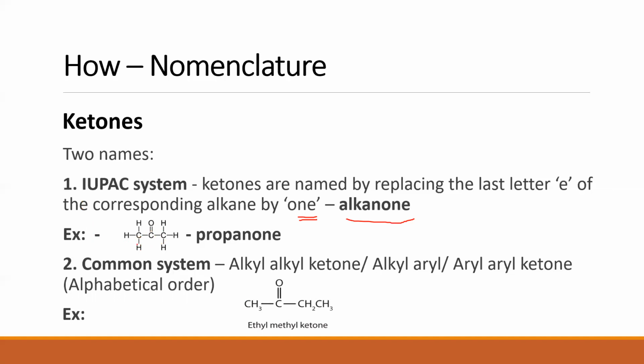Now, when I look at the root word here, I have three carbon atoms, 1, 2, and 3. So, therefore, it must be derived from propane. So, I have propane. That last E is replaced by what? Yes, the last E is replaced by one. Therefore, I get propanone. So, this is nothing but propanone.